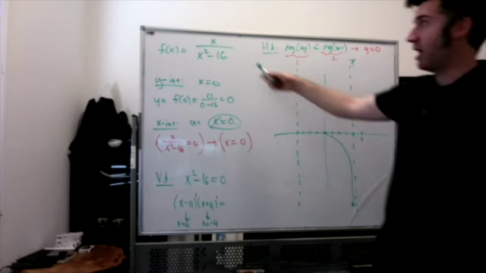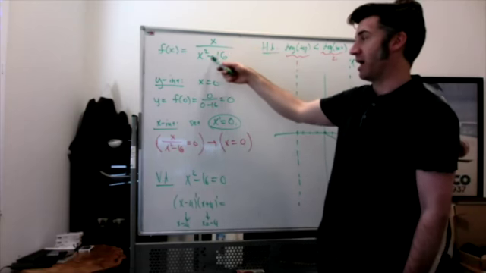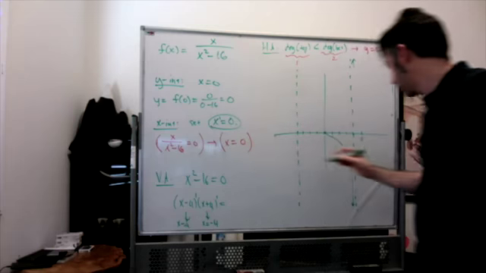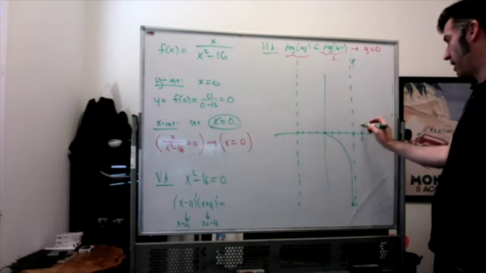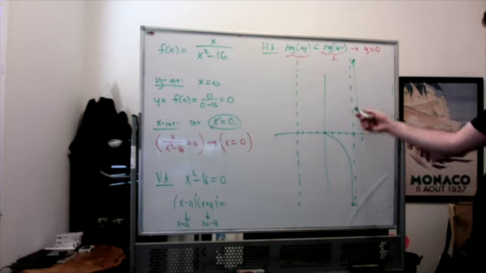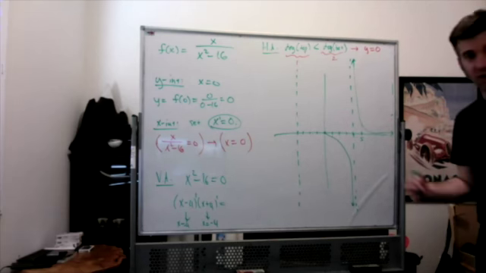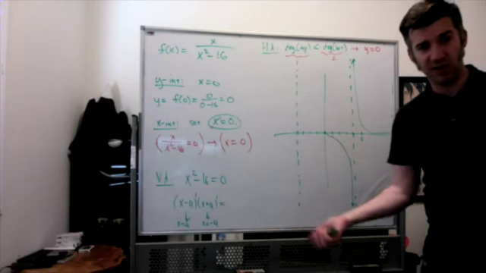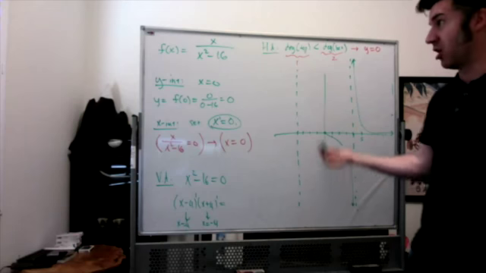You could also pick another number like 5. If you plug in 5, 5 over 25 minus 16 is 5 over 9, which is positive. And then as you go out to the right, it has to get closer and closer to the horizontal asymptote. The left is going to do the reverse because it's an odd function.